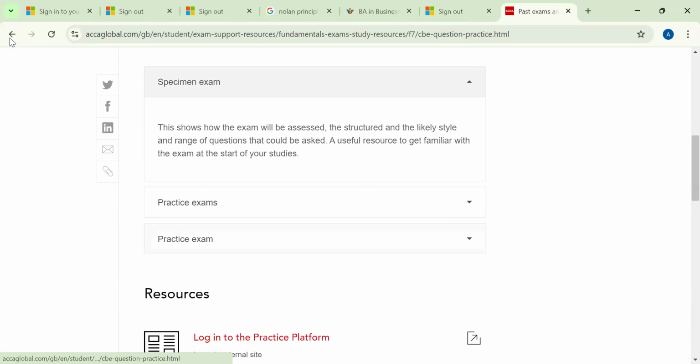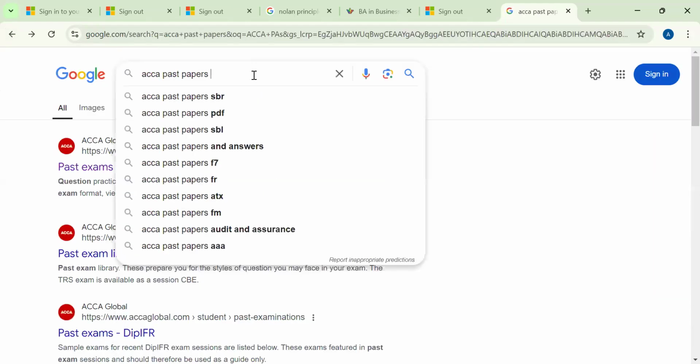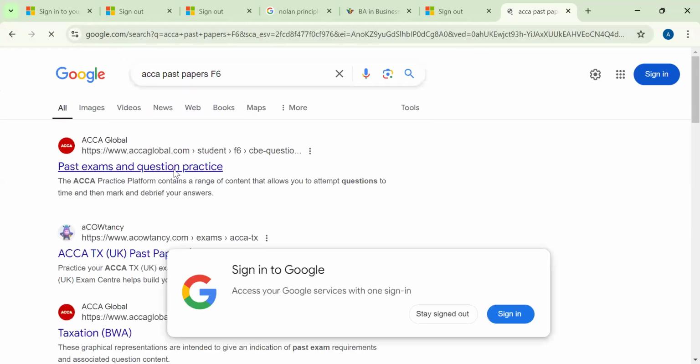If I say F6 past paper, yes, we can find the F6 past paper, which is the tax exam.